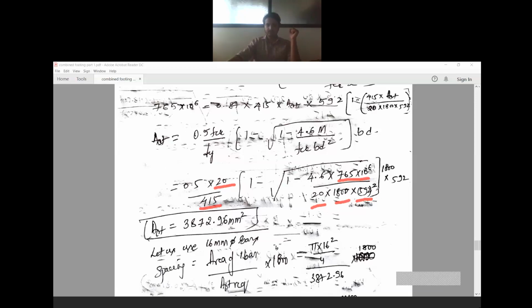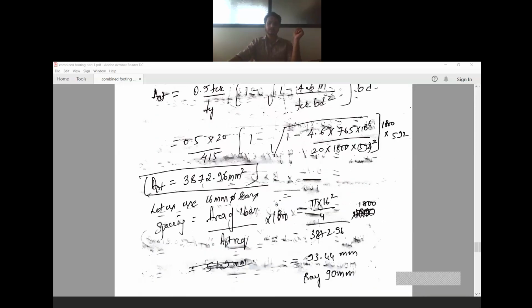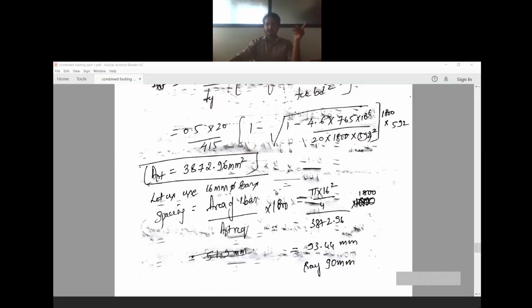This is how you should substitute. Here this value is 1800, which is the width B, and the D value we have 592 again. We should substitute. So after substitution, what you'll get is AST is equal to 3872.96 mm square.